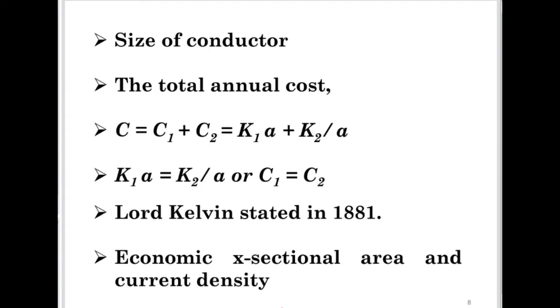Otherwise, what will happen is the heat generated in the conductor due to energy wastage or power loss will make the temperature of the conductor rise and rise. At some point, the conductor material will start losing its properties and finally end up getting damaged, meaning burnt out or melted. That's what happens when we have an electrical short circuit or very excessive current flow through the conductors. So that's why we sometimes look at the current density as well.